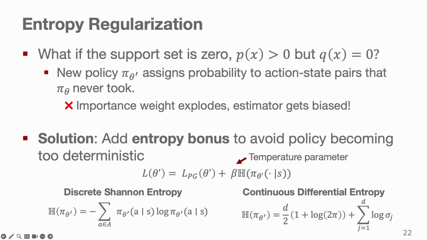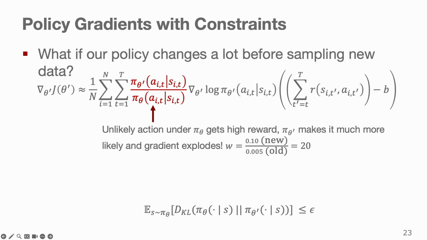There are two different ways you can implement this, depending on the action space of your robot. If it's discrete actions, then you can use the standard Shannon entropy. And for continuous actions, you can use differential entropy for a Gaussian policy. Here, D is the dimensionality of your action space. So if it's a 7 DOF, then it will be 7. We could talk more about this, but let's move on for time.